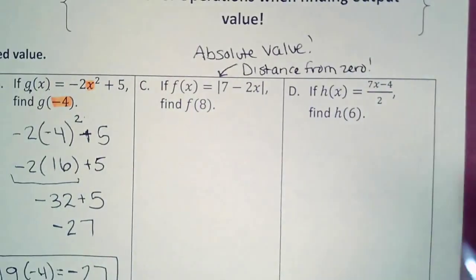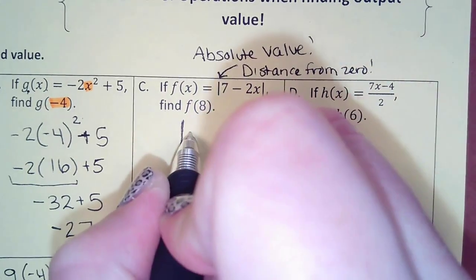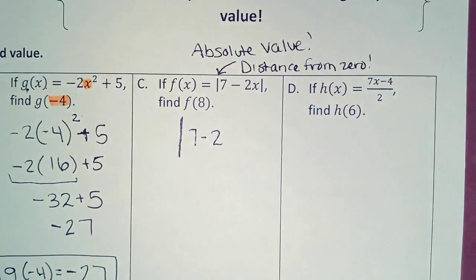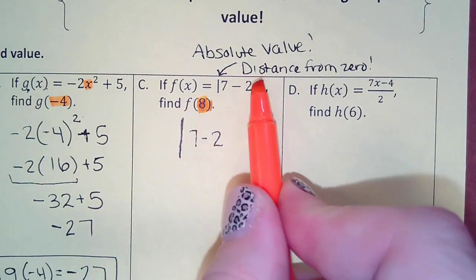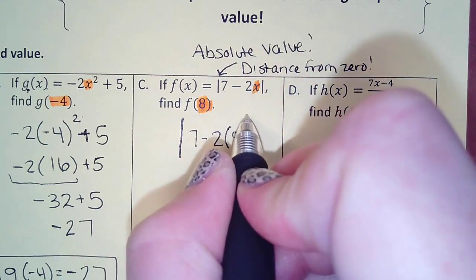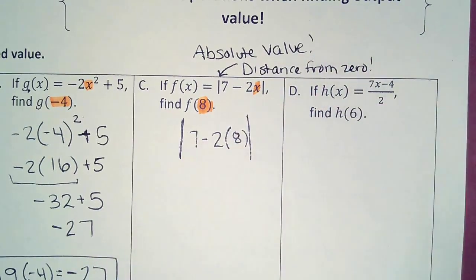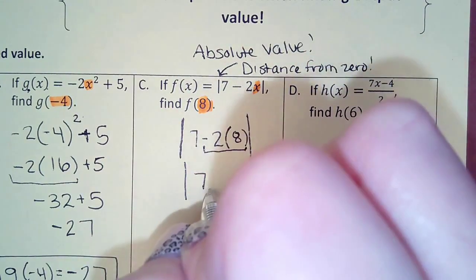So when I'm solving this out, I have my expression 7 minus 2 times x. Instead of x, we're going to plug in 8. So negative 2 times 8, close parentheses, close absolute value. Inside the absolute value, negative 2 times 8 is negative 16.